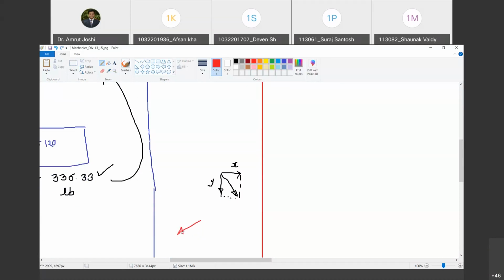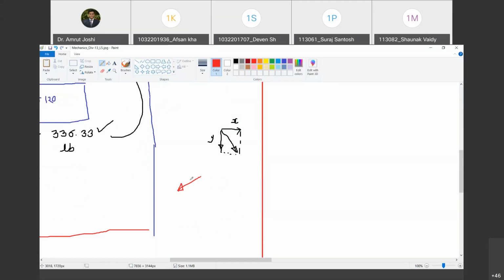Yes, sir. So when I have to find out its x component and y component, what I have to do exactly is find two forces such that their addition is going to be this 50 Newton force. Happy? Yes, sir. So therefore this becomes the x component and this becomes the y component of that force.